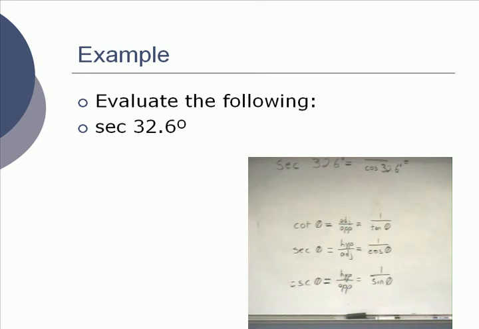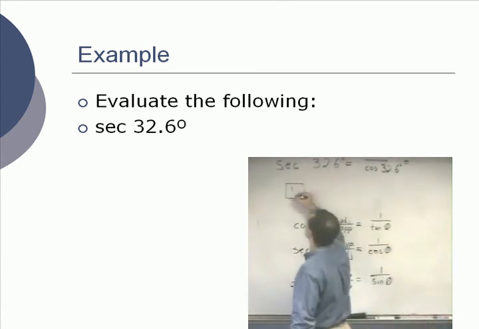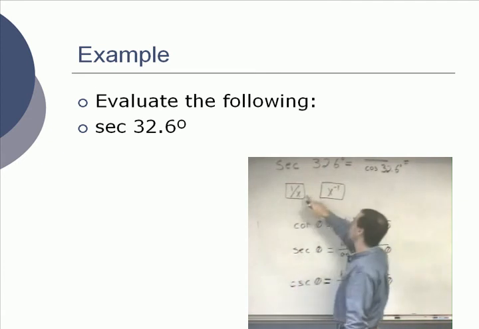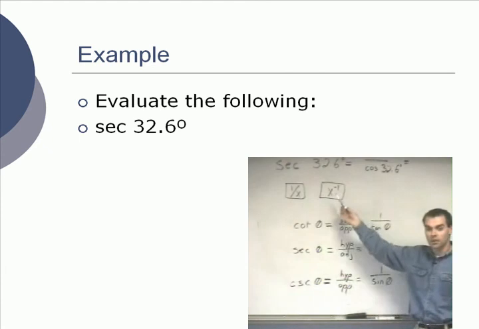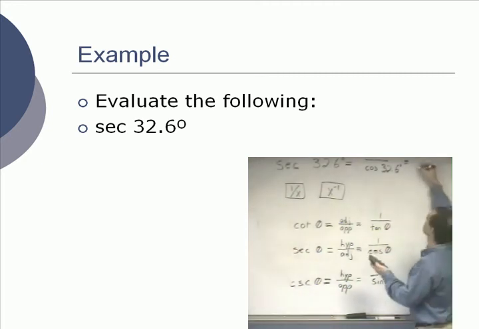You can just do 32.6 on your calculator, hit the cosine button, and then find the 1 over x button. That button might look like a couple of different things: 1 over x, x to the negative 1. If you've got a graphing calculator, it's the x to the negative 1 key. 32.6, hit the cosine button and then 1 over x. And for this one, you should get 1.1870.